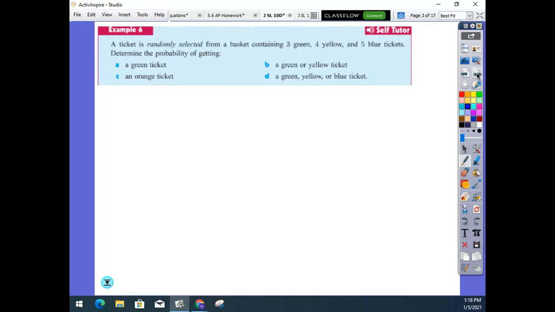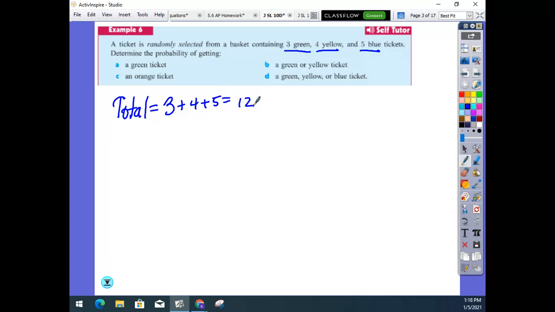Okay, so a ticket is randomly selected from a basket containing 3 green, 4 yellow, and 5 blue. The first thing you want to consider is the total number of outcomes. We have 3 plus 4 plus 5, so the number in our universe is 12.